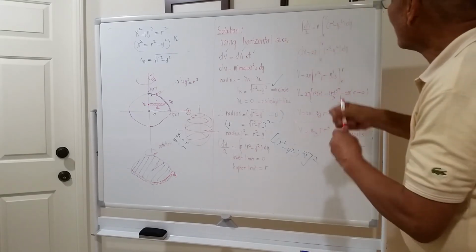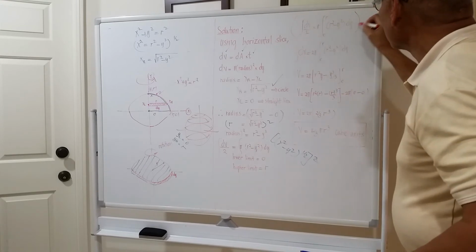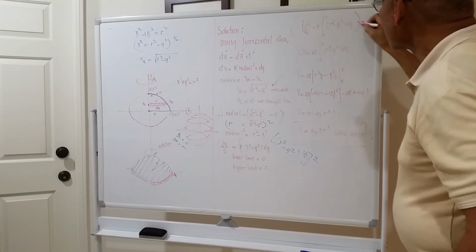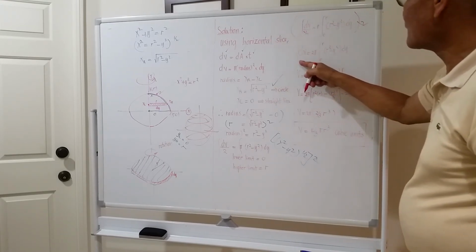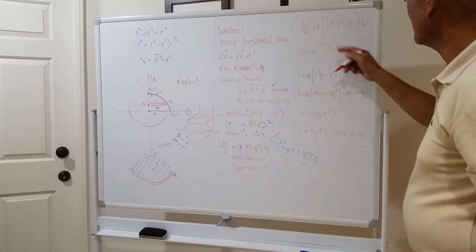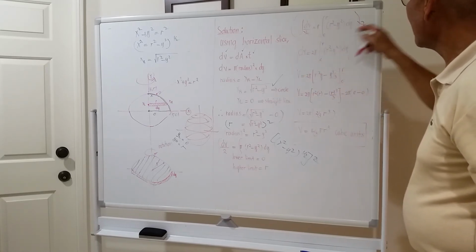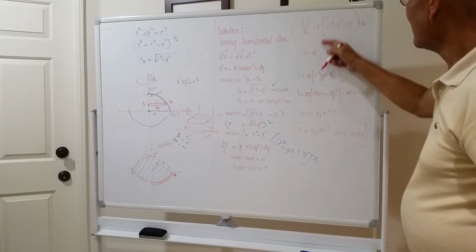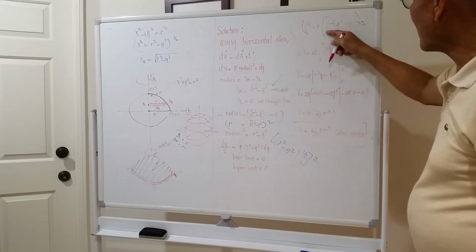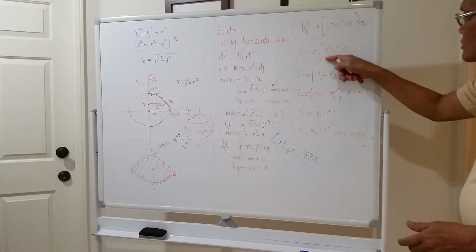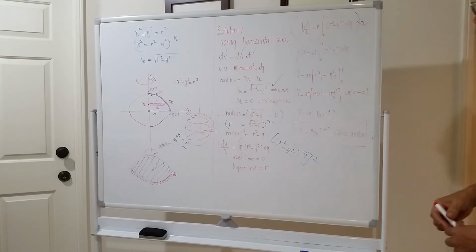Then I will multiply both sides by 2. This 2 cancels with this. Left hand side will simply be the integral of dV equal to pi times this quantity times 2, which is 2 pi, the integral from 0 to r of r squared minus y squared times dy.